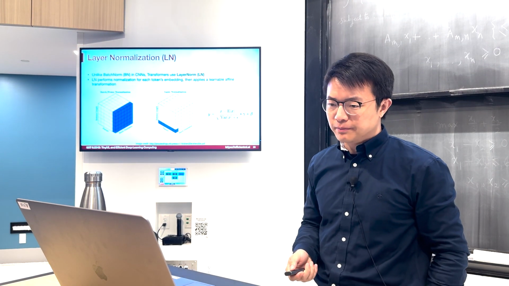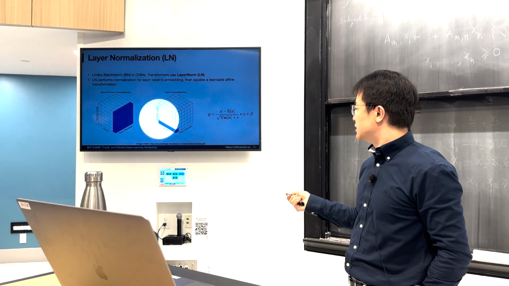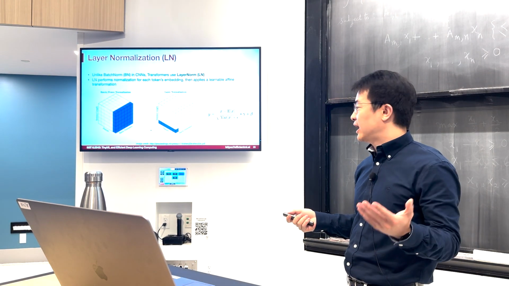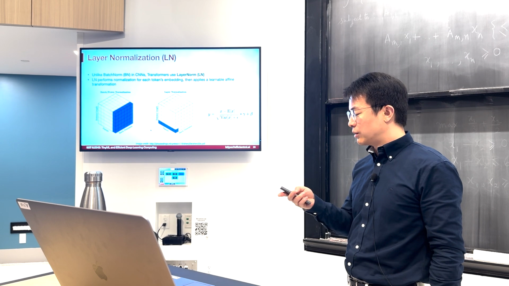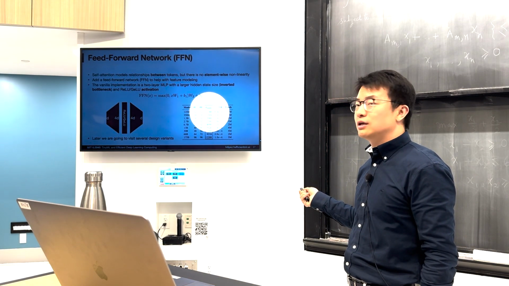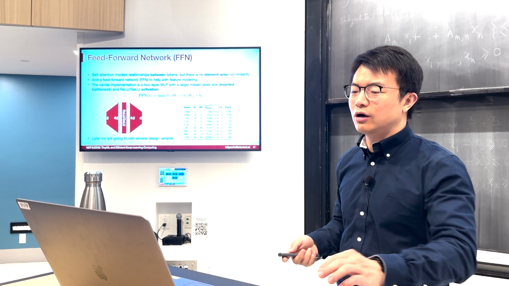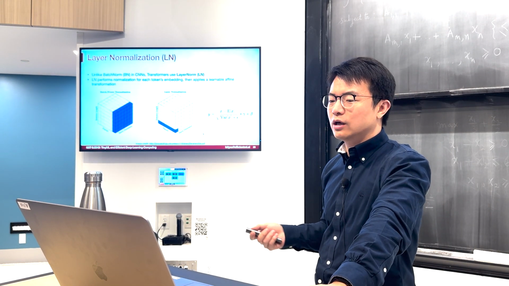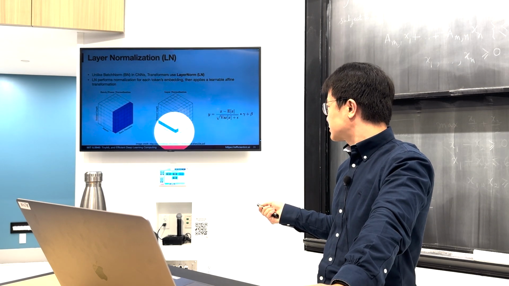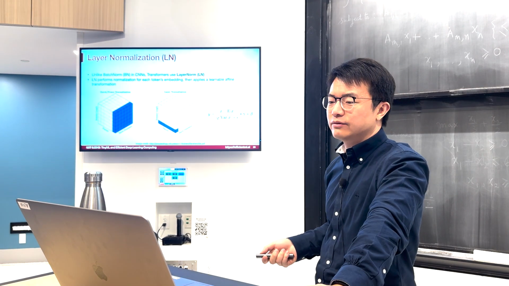So different from the batch dimension, we want to normalize across the feature dimension. Since different models may have different dimensions, some pretty small like 700, some pretty big, 4K, 12K, etc., we want to normalize across this feature dimension by subtracting the mean and also dividing by the standard deviation.